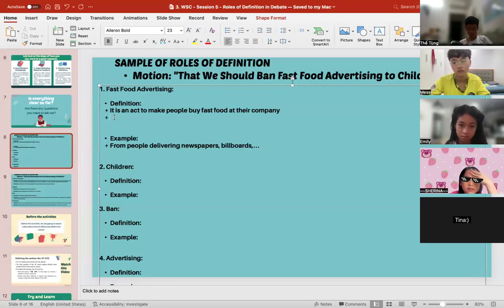This type of advertising is usually designed to promote quick service restaurants, often highlighting their food value, speed, and convenience to appeal to consumers looking for fast and inexpensive meals.